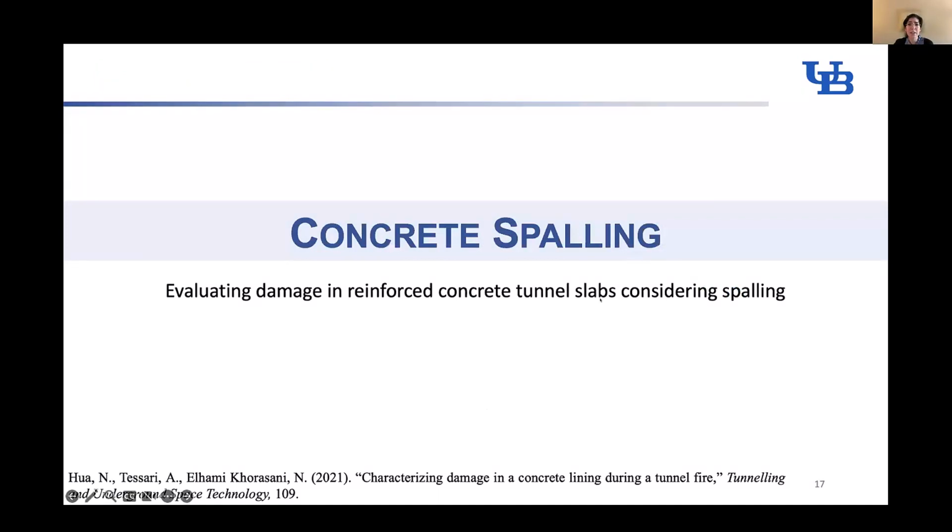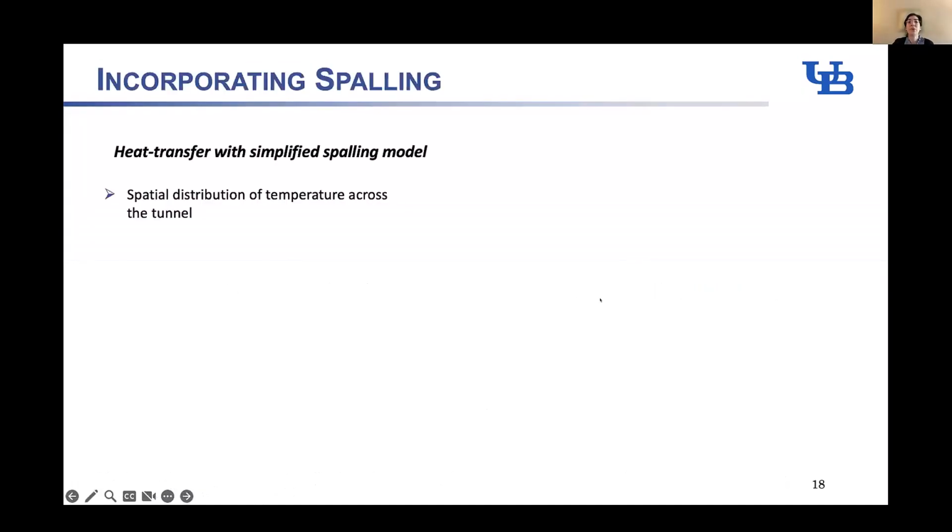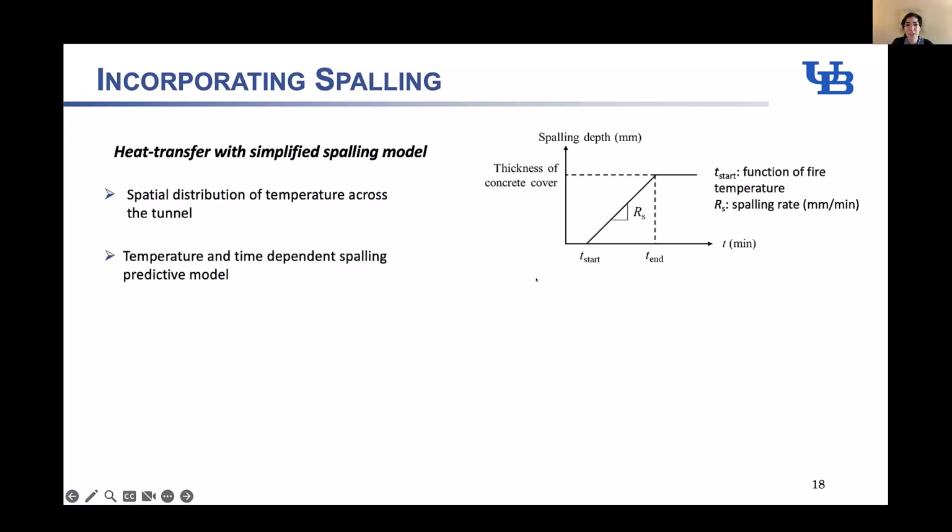Finally, 2 more slides. We wanted to also get spalling into this damage assessment process, as I mentioned in the motivation. Ruben did a great job explaining this, so I'm going to go really quickly. Basically, we need the spatial distribution of temperature across the tunnel. We came up with a simplified approach, we get it, but it's better than perhaps nothing.